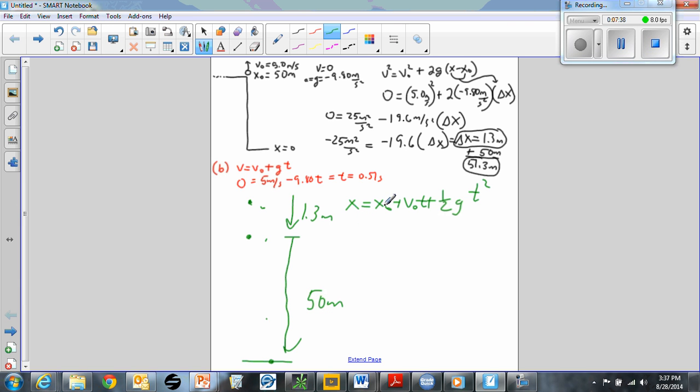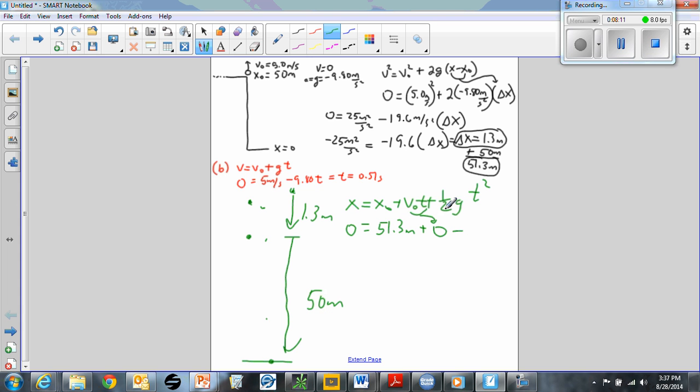Let's just put them in. x is 0 equals 51.3 meters plus 0. In other words, v naught is 0. When it's up here at the top, it stops. So that whole term is 0 when it starts falling.